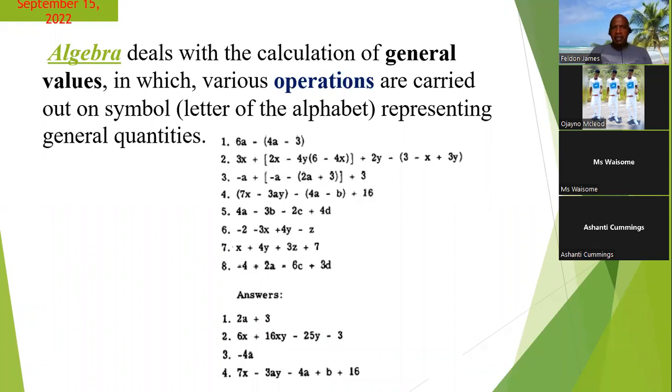So as I was saying, when we are looking at algebra, oftentimes we will work with formulas, and formulas have only letters generally in the form of an equation, right? And when we have one letter by itself in that equation, that letter is often referred to as the subject.